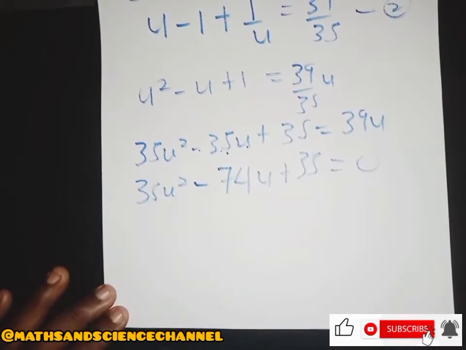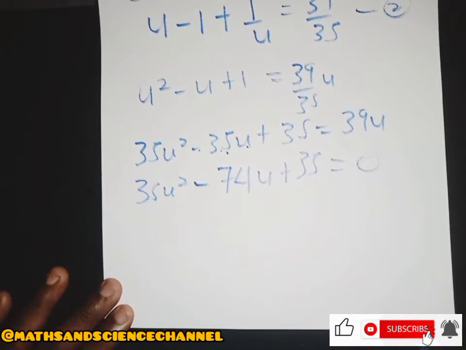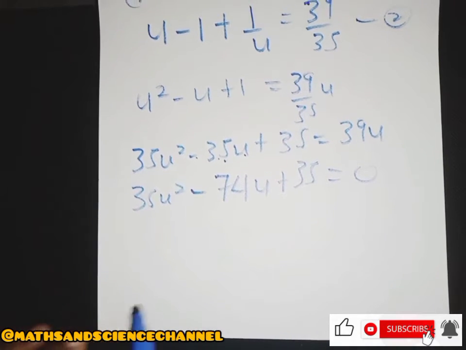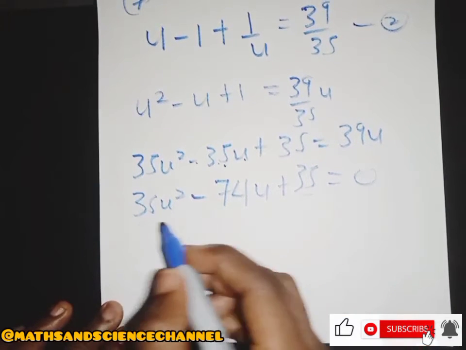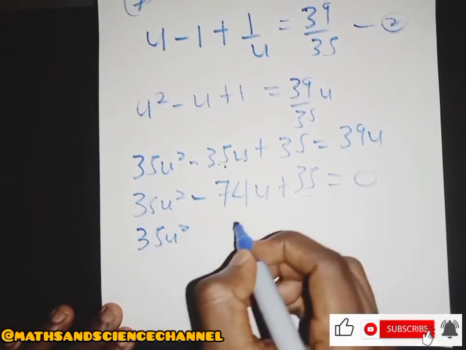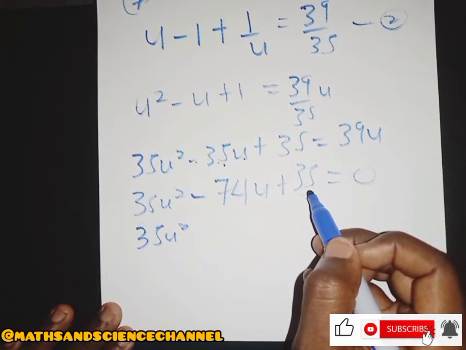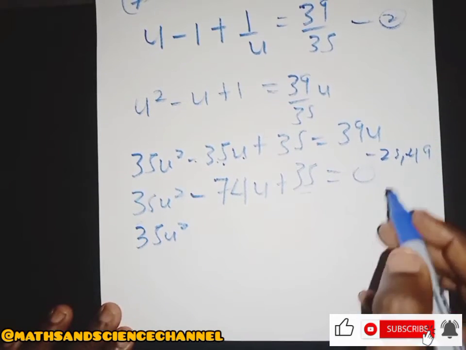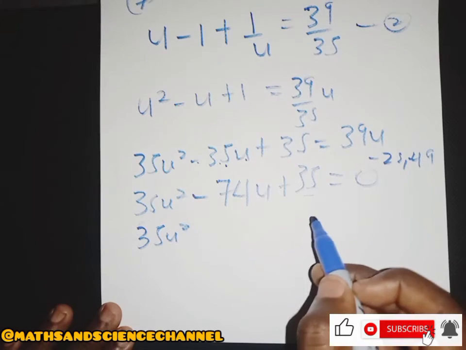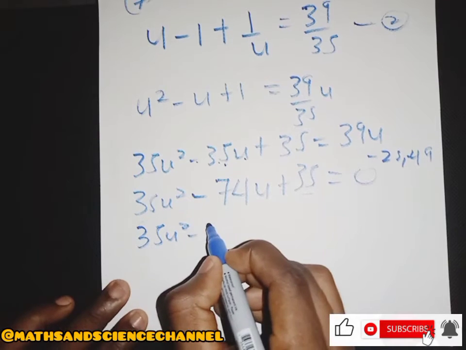Solving it, we multiply 35 by 35, which is 1225. So we take the values 25 and 49, and we negate both of them. If we multiply them we get 1225, and when we add them we get negative 74.